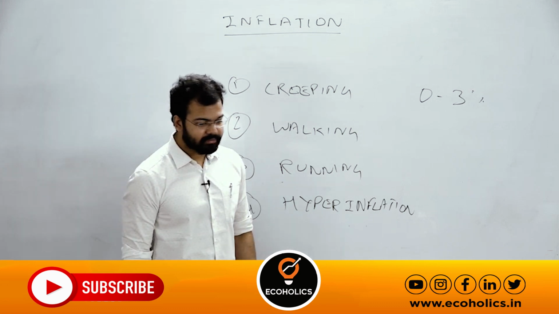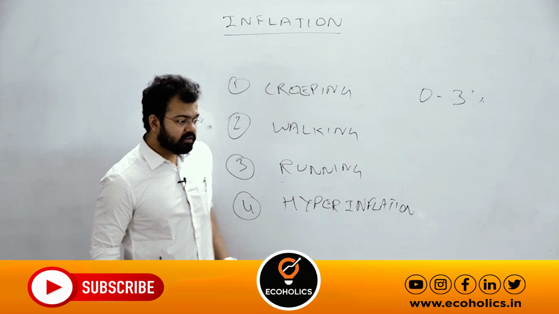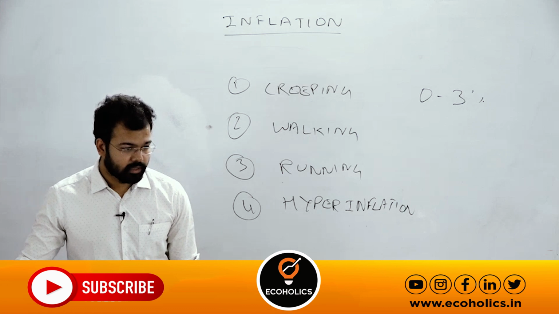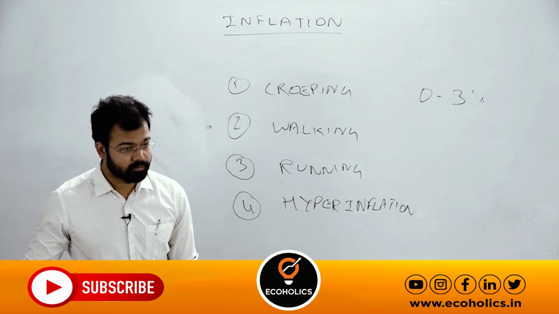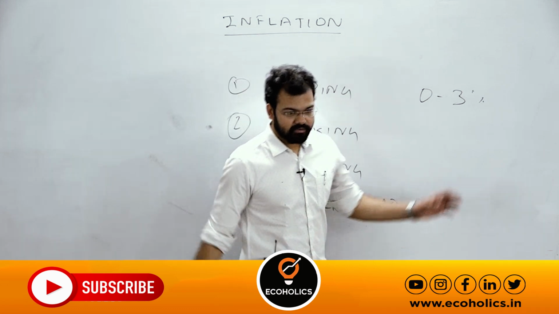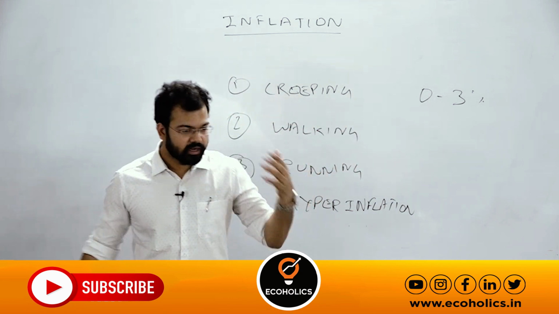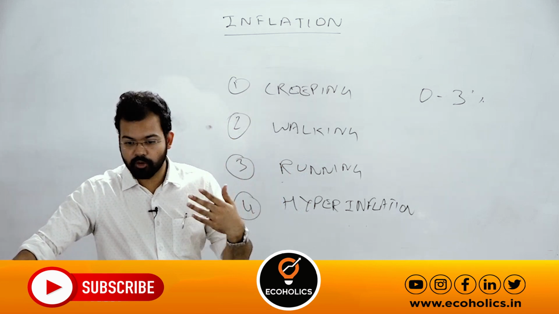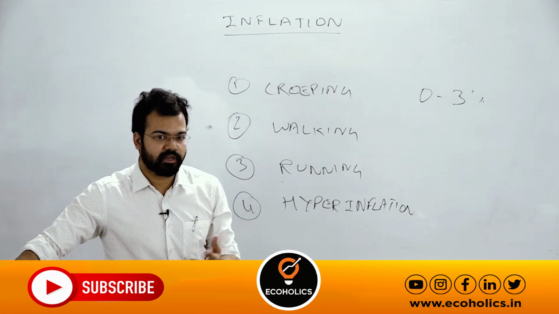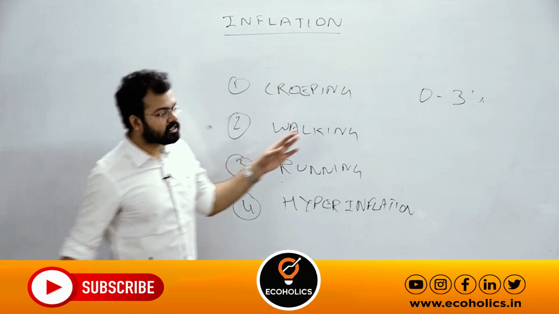I don't want to name that book, but 0 to 3% is the figure, because creeping inflation is experienced by Western economies. I'm giving the evidence why it is wrong. You can never see that America is experiencing more than 3% of inflation. Japan last year experienced negative inflation. So 0 to 3% is creeping inflation.